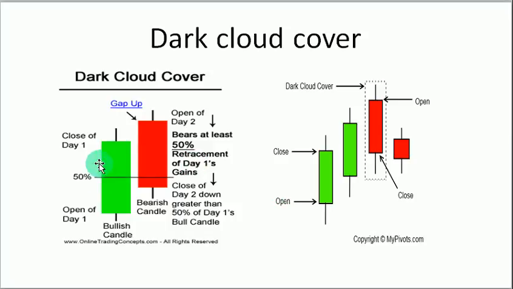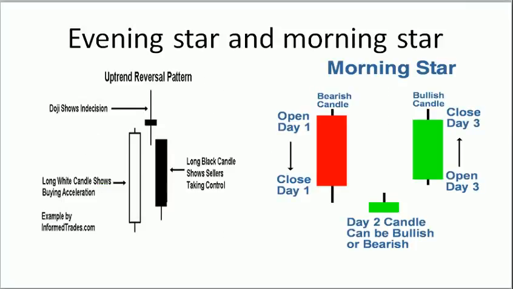So this is an uptrend leg, and then you have a gap opening the second day, or the second candle here, and then it retraces downward 50% to the previous body. So this would be a dark cloud cover, and it shows up at the end of an uptrend.